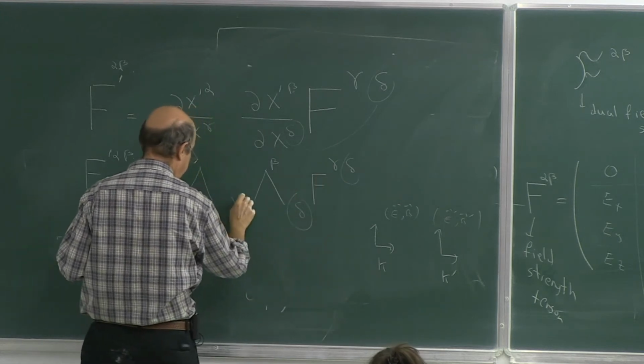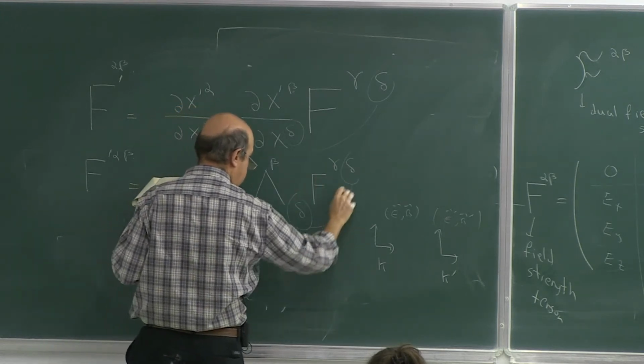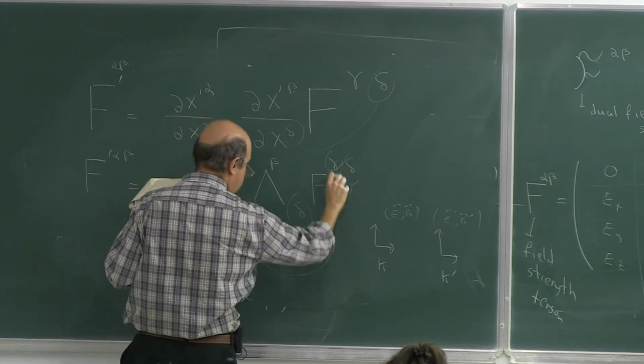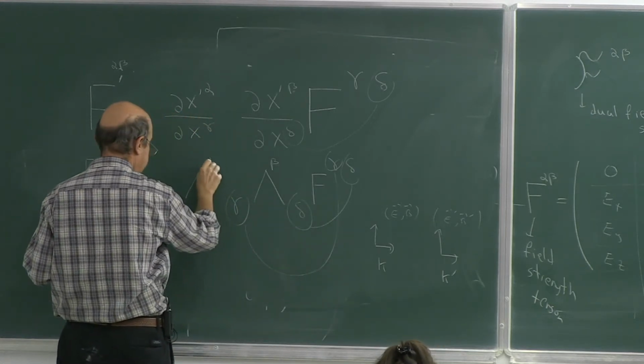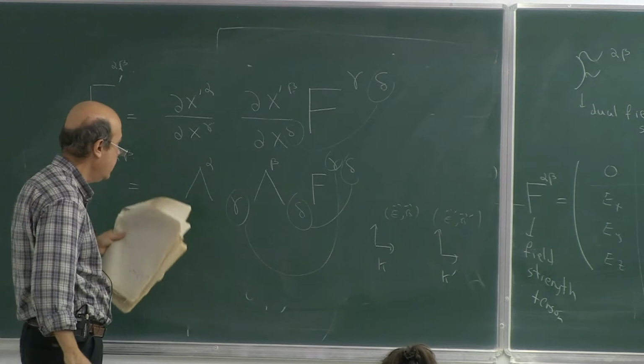Gamma is contracted. So these two are contracted and leave a free index alpha. This is another presentation. They are equivalent.